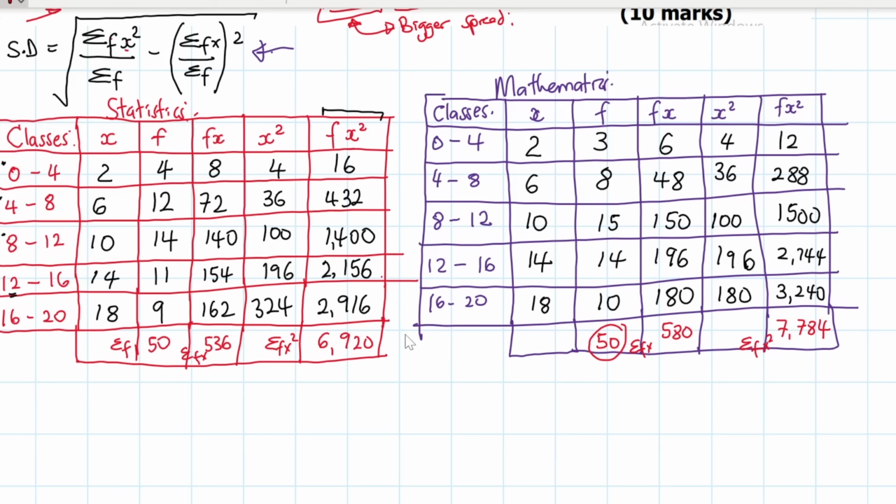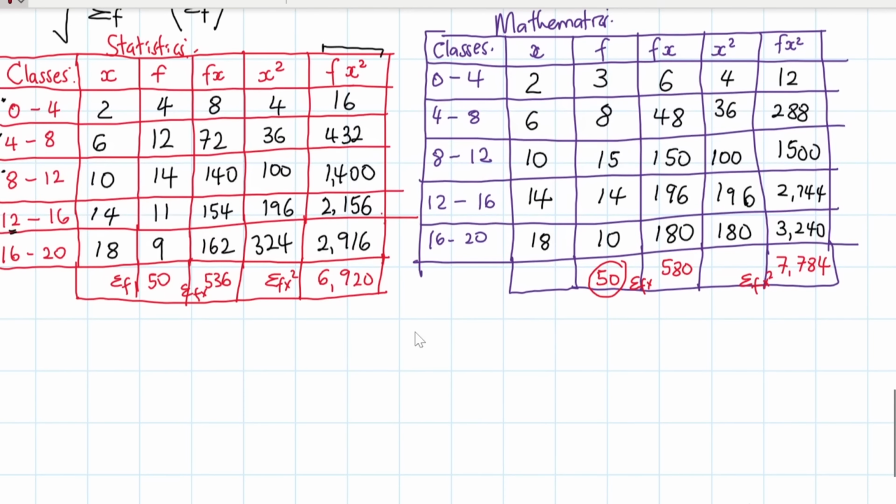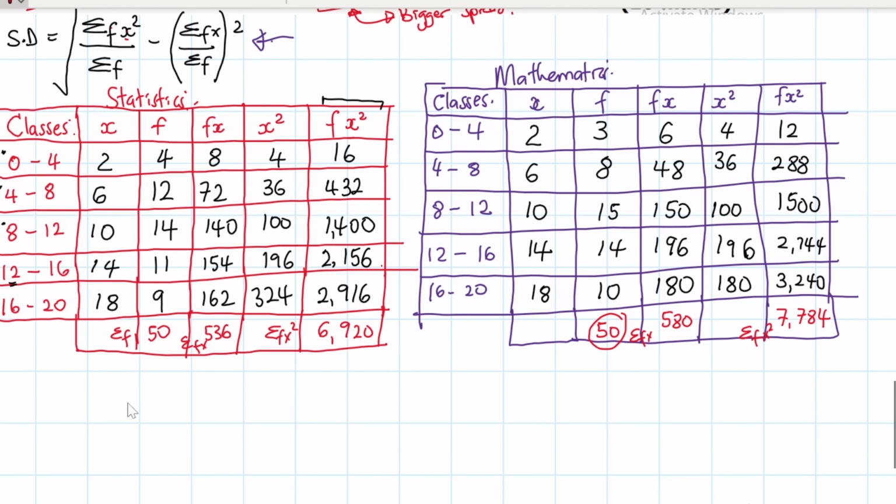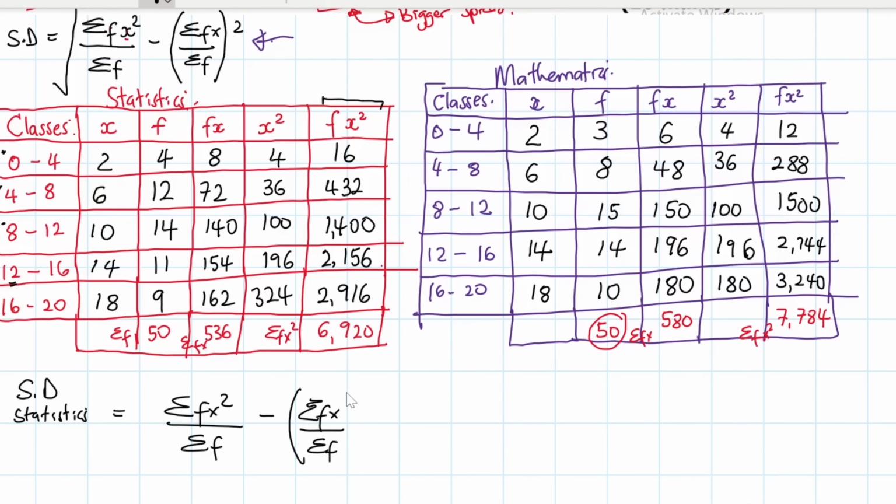So now we can go ahead and find the standard deviations for both statistics and mathematics. Now that we have put the things in our formulas, it's a matter of just substitution, and we get our answers. So our standard deviation for statistics is going to be the summation of f of x squared over the summation of the frequency, minus the mean squared, under the square root.